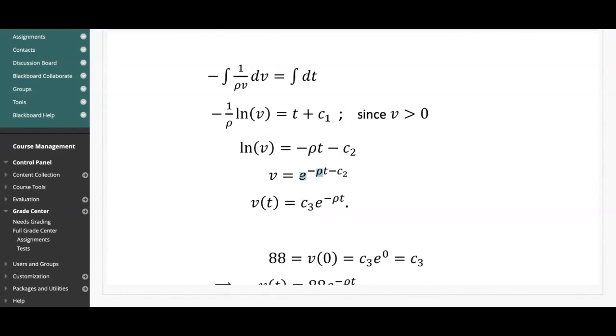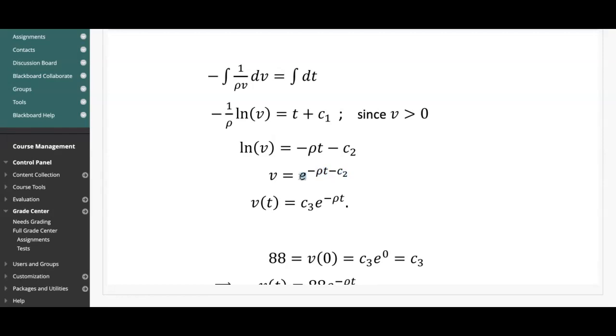Okay, if you want more explanation, well, first, c3 is just a variable, right? Yes, that's what I said as well. This is a nice way to write the e term. If you write e to the negative pt minus c2, it's kind of annoying because you have two exponents, right?